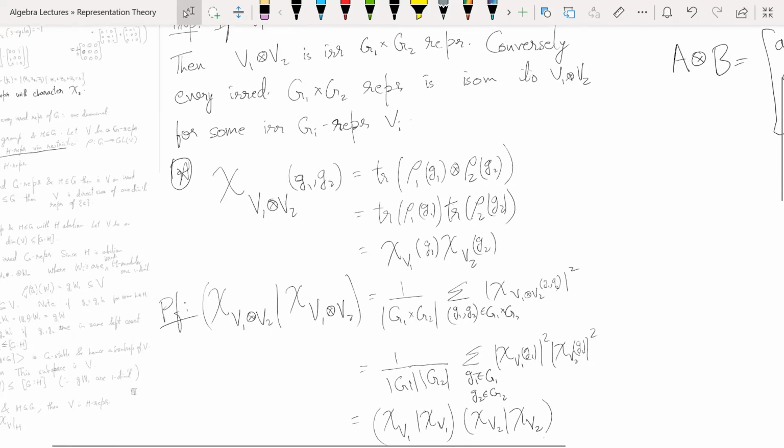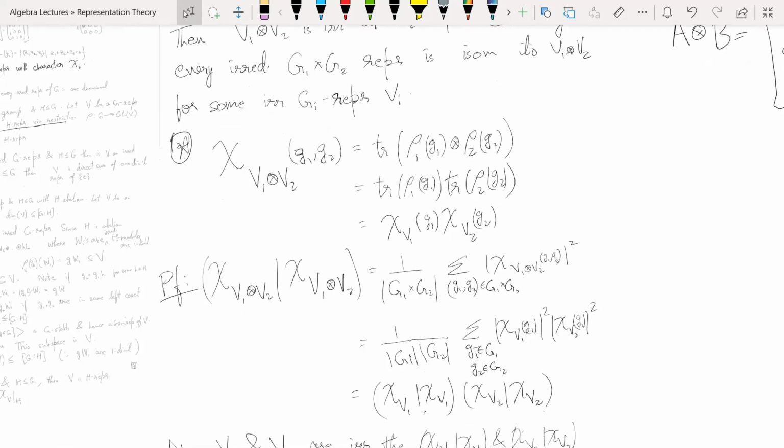So let's compute this pairing. By the formula, this pairing is 1 over the size of G1 cross G2 times the sum of the character squared, that is, this times the bar of this, which is just the square of the absolute value. And then you use the formula that the character of the tensor product is the product of the characters of these guys.